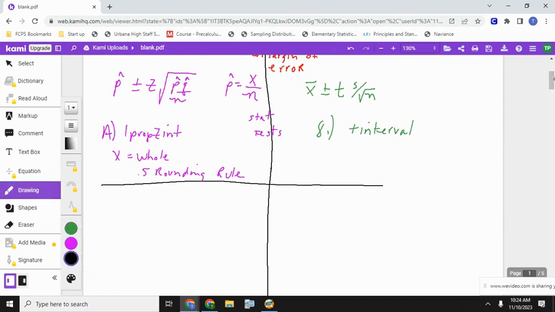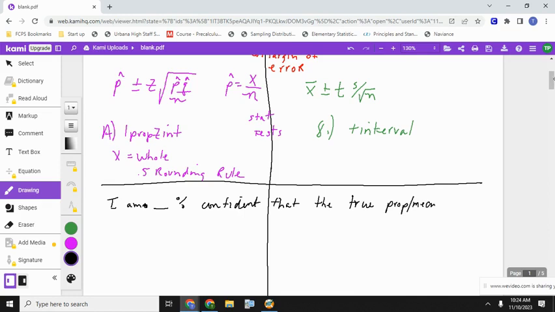So for confidence intervals, your sentence will be, I am blank percent confident that the true proportion, if you're doing proportions, or mean, if you're doing means, and you make sure it's in context here, is between whatever your two numbers are.